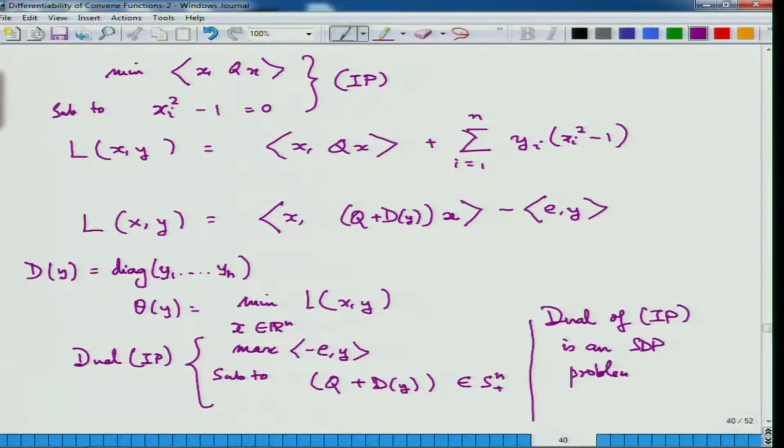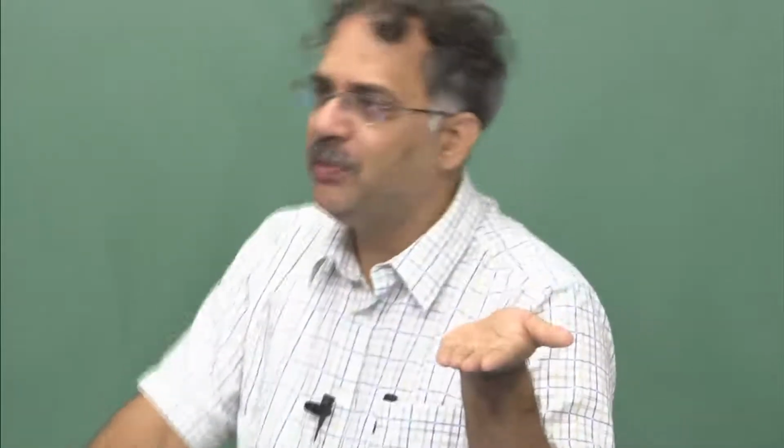So, you see a very important class. Now I can solve the dual, the SDP. Because it is a non-convex problem, there need not be strong duality holding between the original problem and the dual problem, but by solving the dual, which can be done using techniques from semi-definite programming, we can immediately tell what the lower bound to the original integer programming problem is.